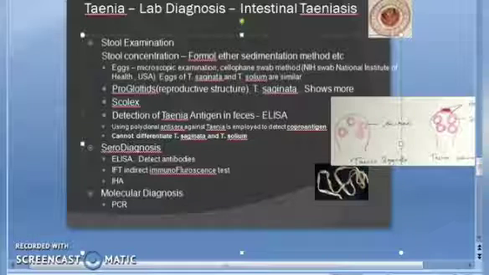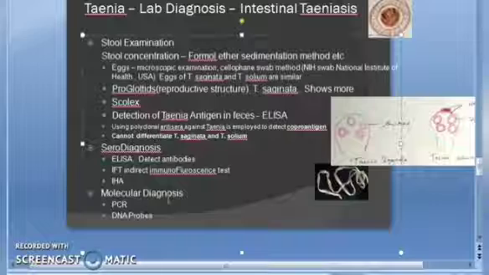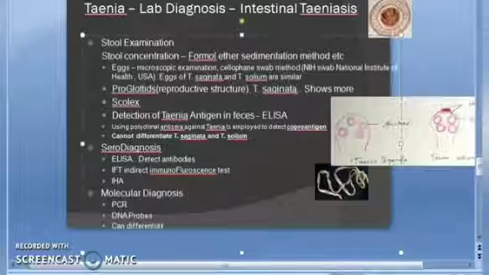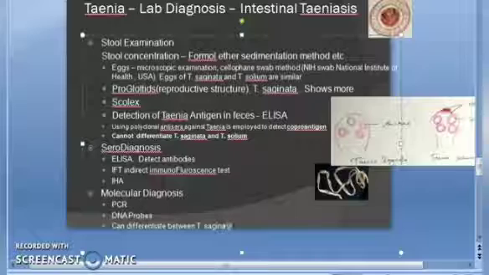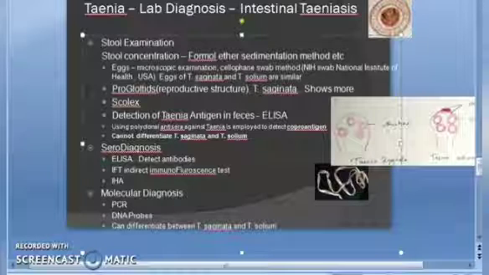So you can use PCR, DNA probes, etc. to detect, and you can also differentiate between Taenia saginata and Taenia solium. Okay. So we are done with the lab diagnosis of intestinal taeniasis.